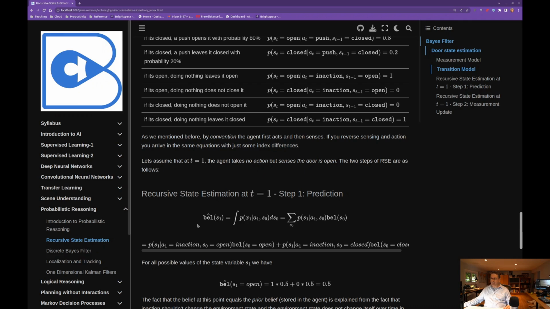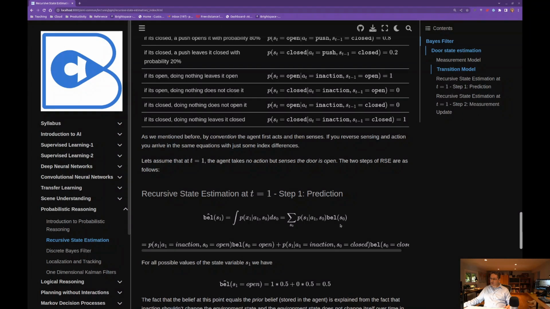pseudo Python kind of code that we wrote earlier. The first line is the prediction step, and here we are summing over all possible states s_{t-1}. So we are in S0, so over all possible states S0, and this will be the remaining terms associated with the sum rule, the conditioning, times the belief, the posterior of the state S0.